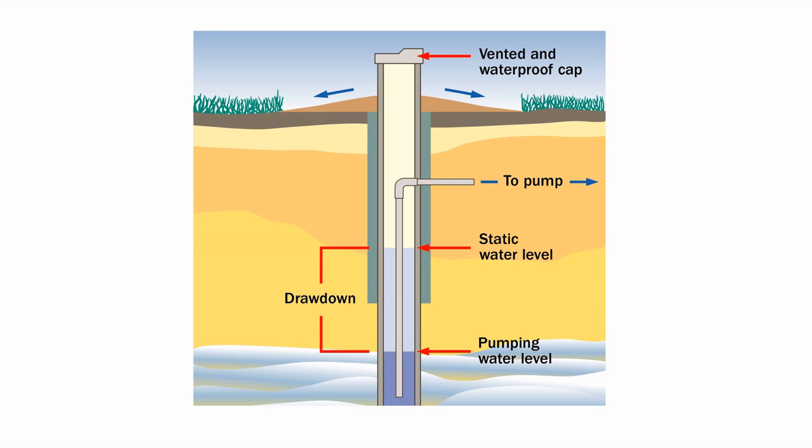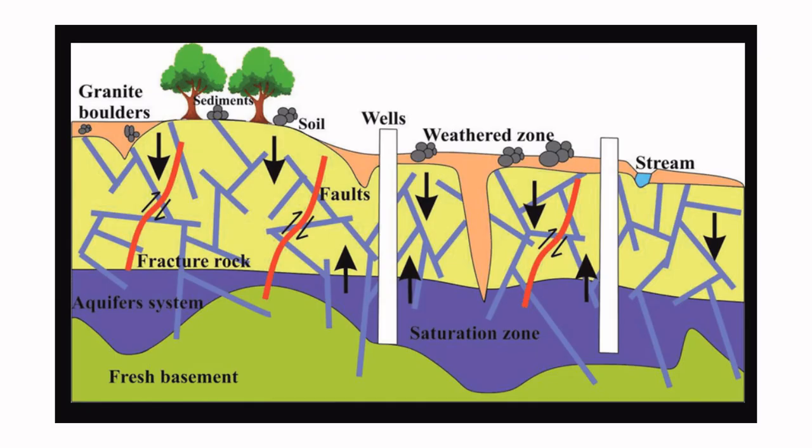So we go on to the next topic, groundwater occurrence in hard rock. The occurrence and movement of groundwater in hard rock regions such as igneous, metamorphic, and hard sediment regions is very complicated. In recent years only, we have started exploring the occurrence and movement in hard rock areas.